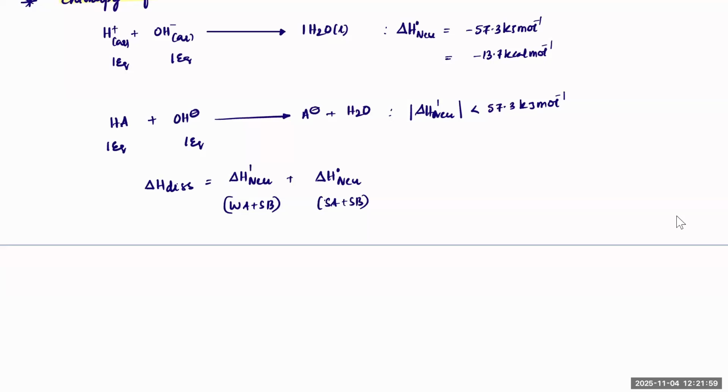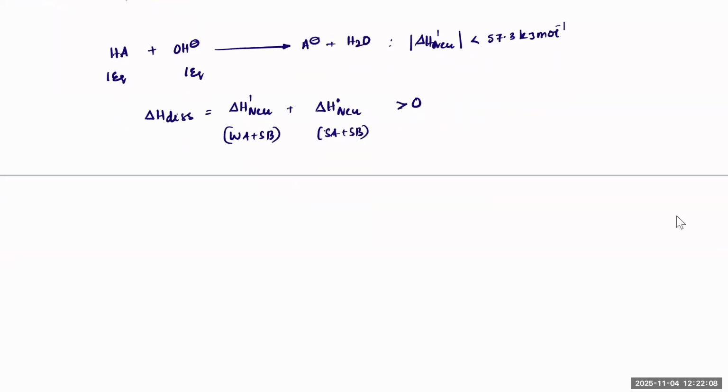And this value delta H of dissociation will be greater than zero overall. Dissociation always requires energy. So in case you come across this question, you should be able to figure out this delta H of dissociation.